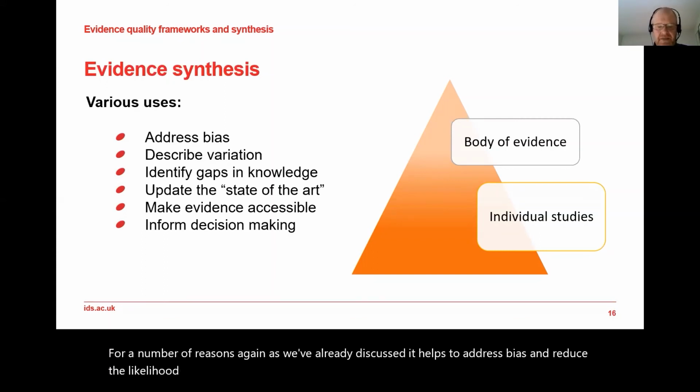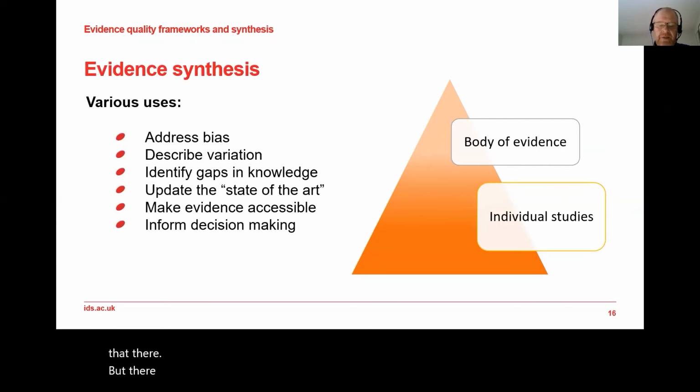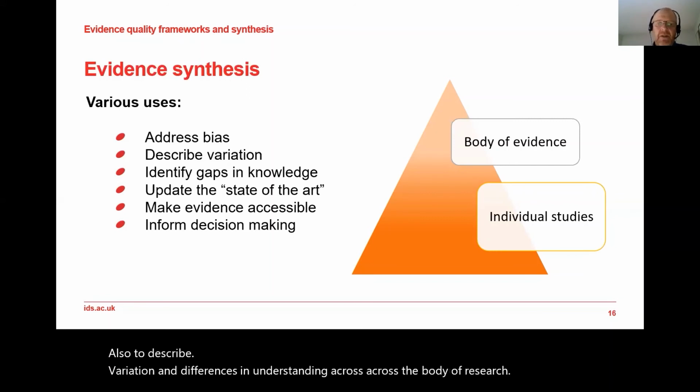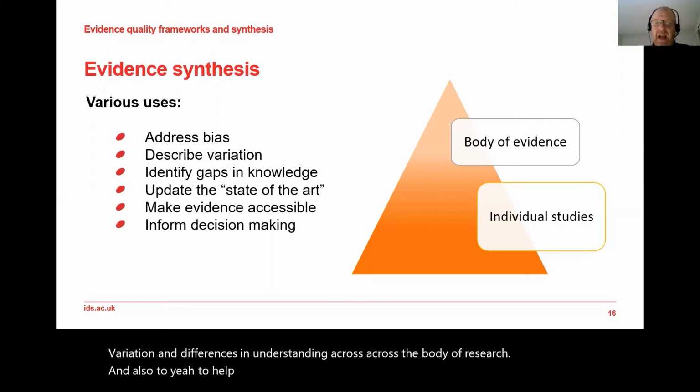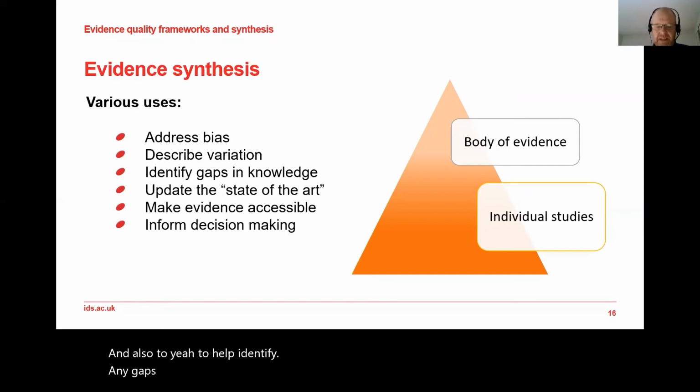If multiple studies find the same thing, it's more likely that they're right. It can also help to describe variation and differences in understanding across a body of research, and also to help identify any gaps in knowledge.